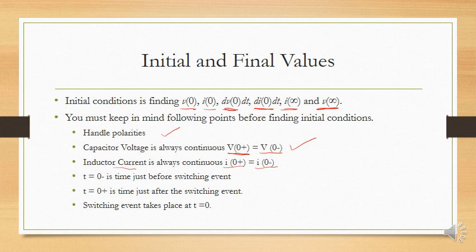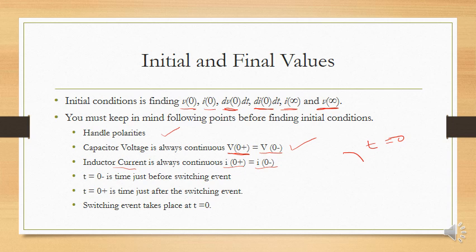t equal to 0 negative is the time before the switching event. What is the switching event? If you have this type of symbol in your circuit at t equal to 0, then when t is not equal to 0, this arrow is not connected to this line, right?